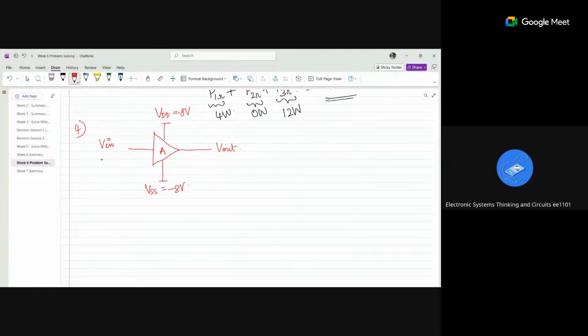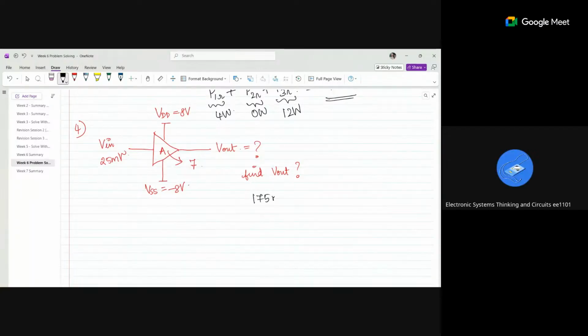My V in is 25 millivolts. You have to find the output, given the amplification factor is 7. Find V out. 175 millivolts.